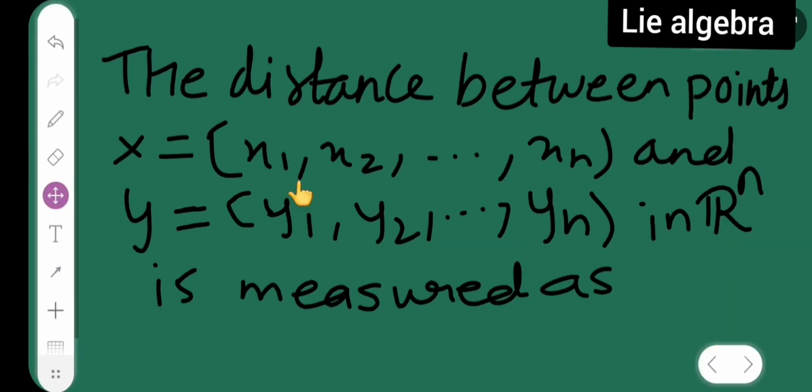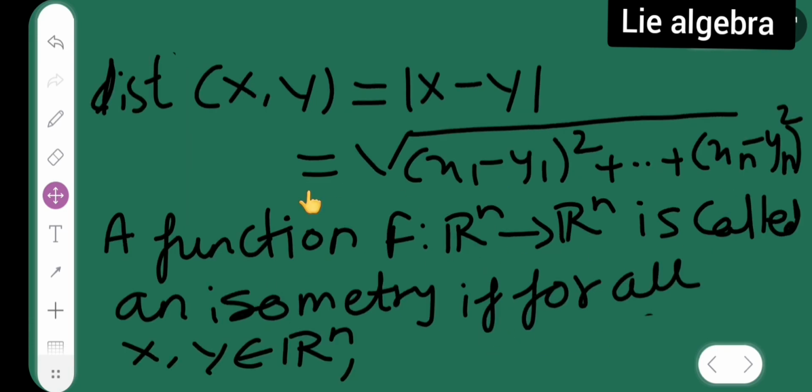Next is the distance between points. So this is the distance definition, where x is equal to (x1, x2, up to xn) and y is equal to (y1, y2, up to yn) in R^n. Now these two are measured as what? Distance of x comma y is equal to modulus of x minus y, which is equal to root of (x1 minus y1) whole square plus up to plus (xn minus yn) whole square.